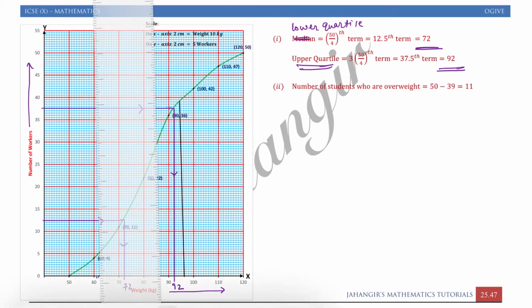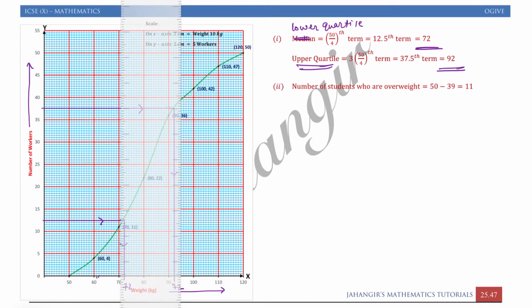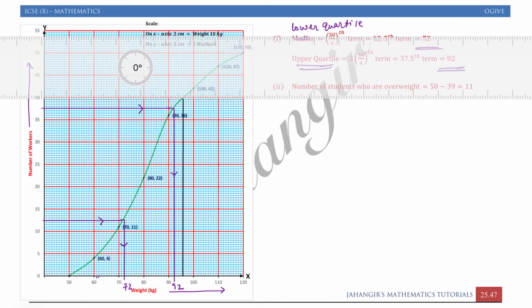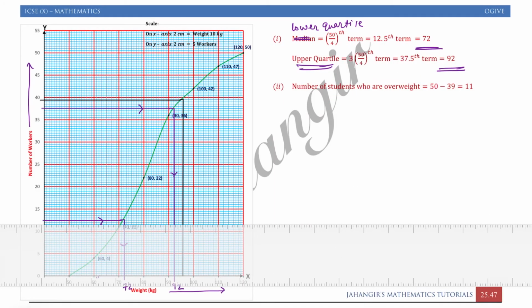This is a slant line. If you will see, this is 39, this reading is 39. So number of students who are overweight is total 50 minus 39, that is 11.